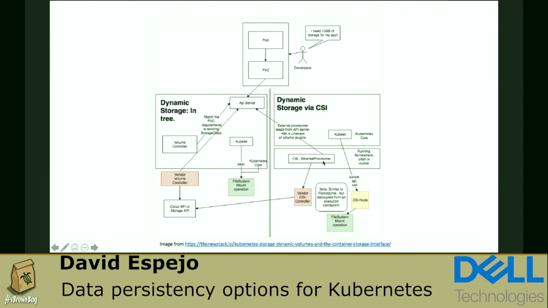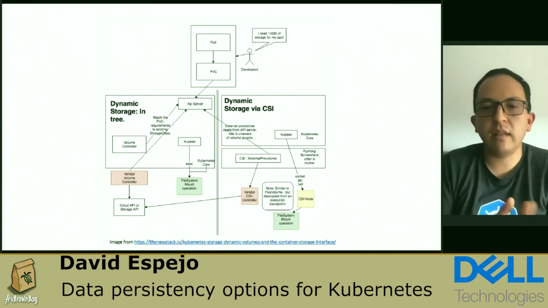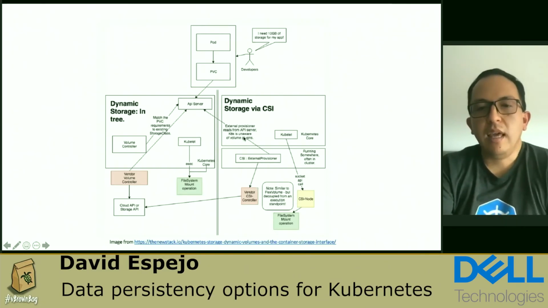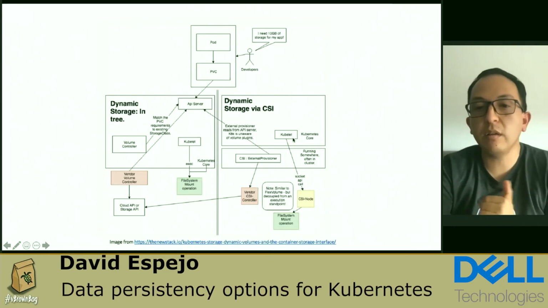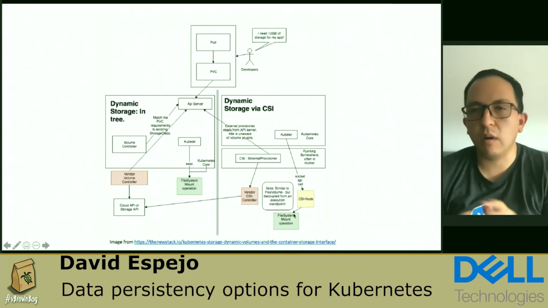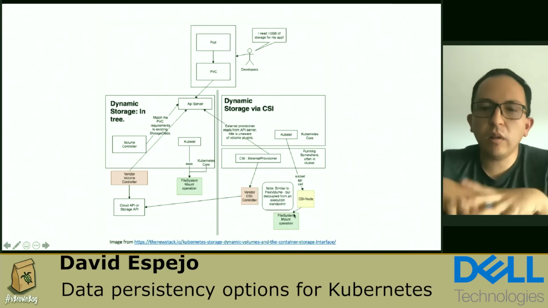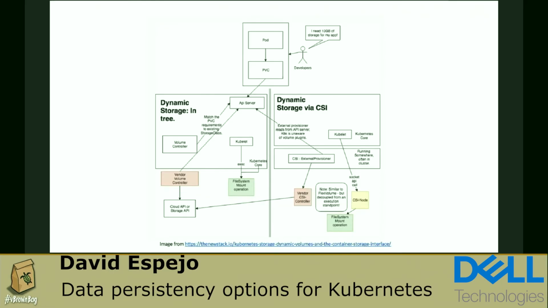It will provide an external provisioner, which happens to be another pod running in the cluster, probably in a different namespace, but running in the cluster. It will respond to the request, and the kubelet just performs the mount operation, right? This diagram is pretty simple because it only mentions the mount operation.